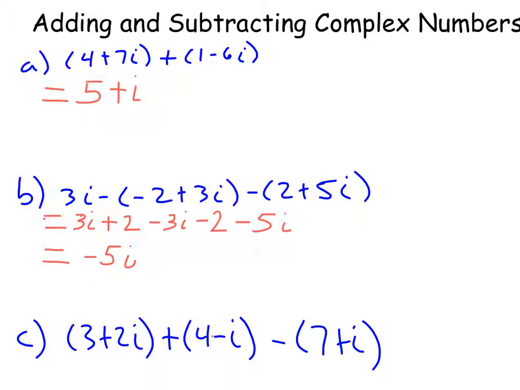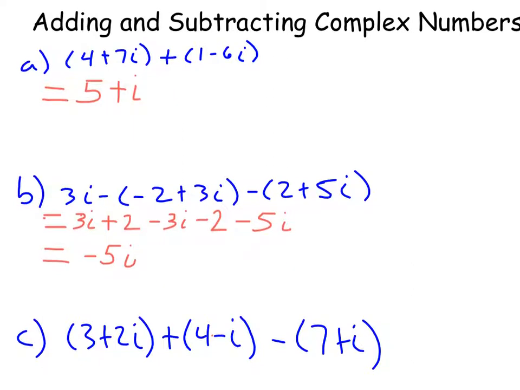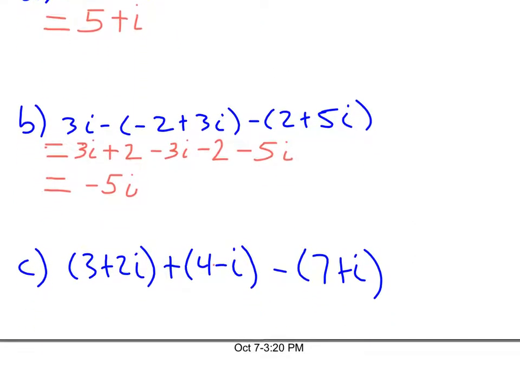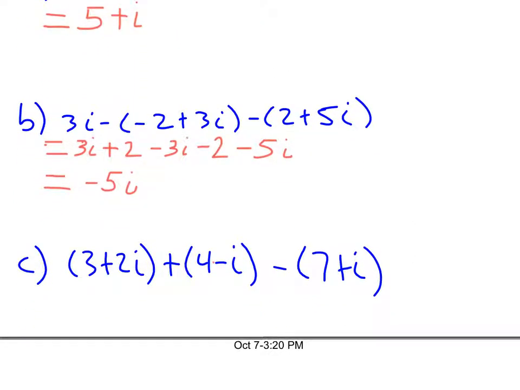It has no real component. It's just minus 5i. Okay? Where you saw part A had both. Now, I'm just kind of illustrating that you can get these different types of answers. Adding them and subtracting, it's just not going to vary all that much. It's really like combining like terms.